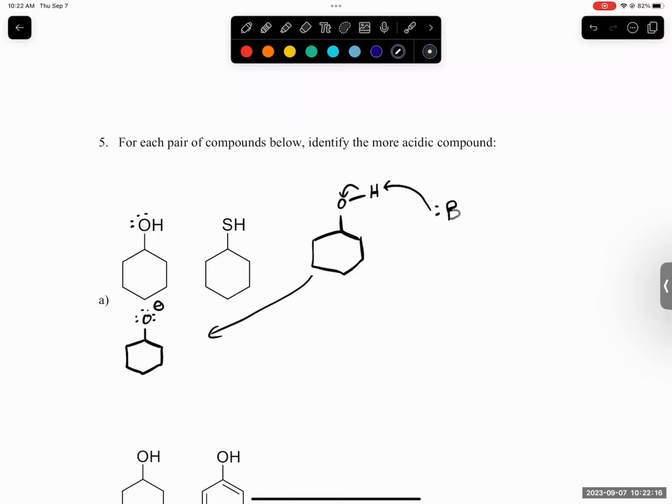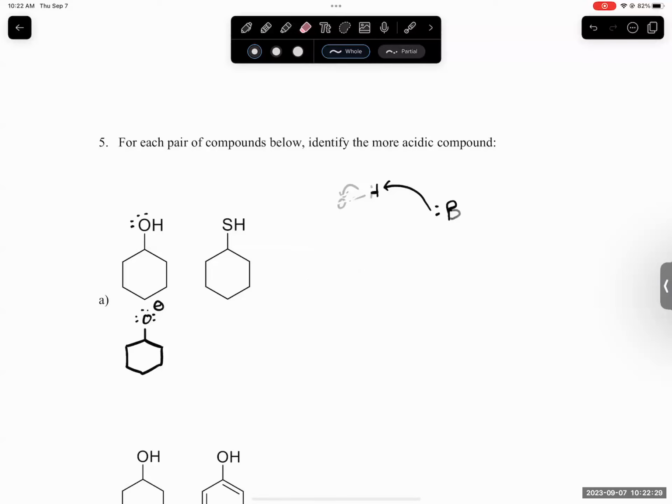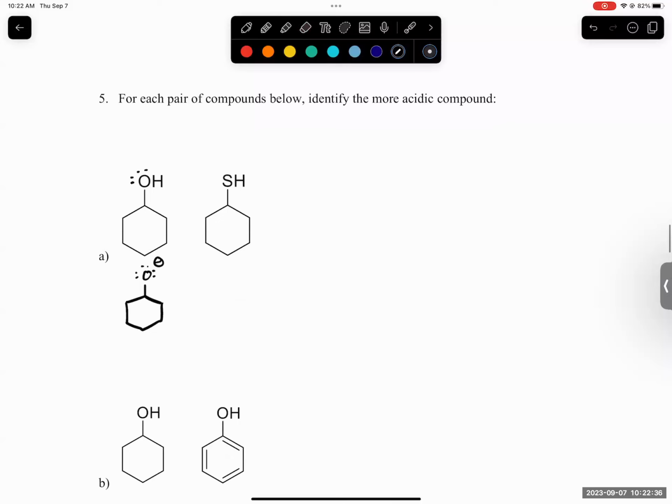That's our conjugate base, all right? We're just drawing the conjugate base based off of what would happen if you did react this with a base. We're not doing a reaction though. We're just trying to figure out which of these is the stronger acid or the more acidic compound. So what's the second one? Over there in the back.